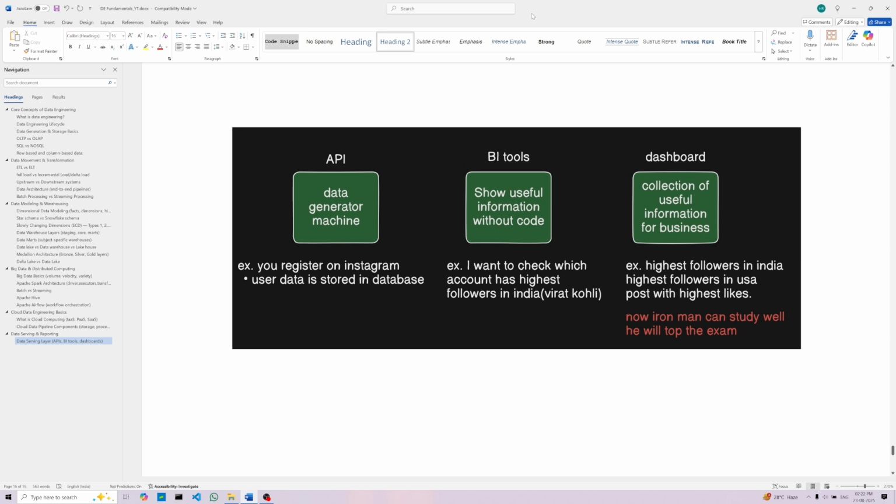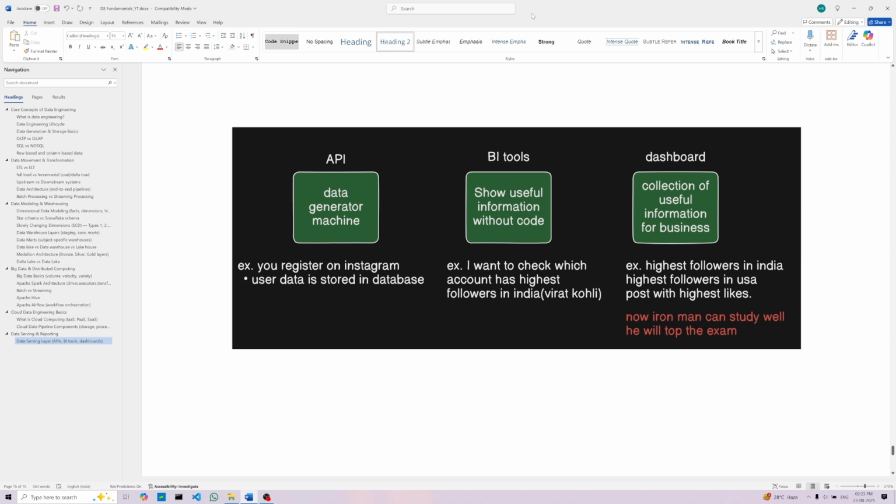In the same way, a collection of useful information for business, many metrics, a collection of metrics, this is dashboard. For example, highest followers in India, highest followers in USA, post with the highest likes. So collected together, this is known as dashboard.